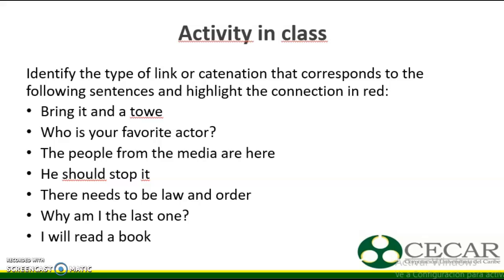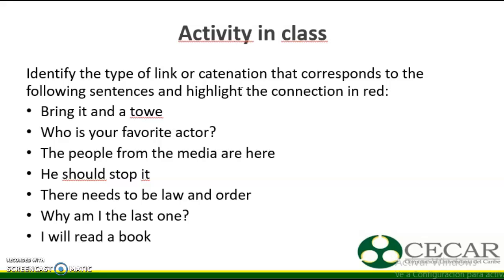Okay. Activity. Identify the type of linking or concatenation that corresponds to the following sentences and highlight the connection in red. Write it on a towel.